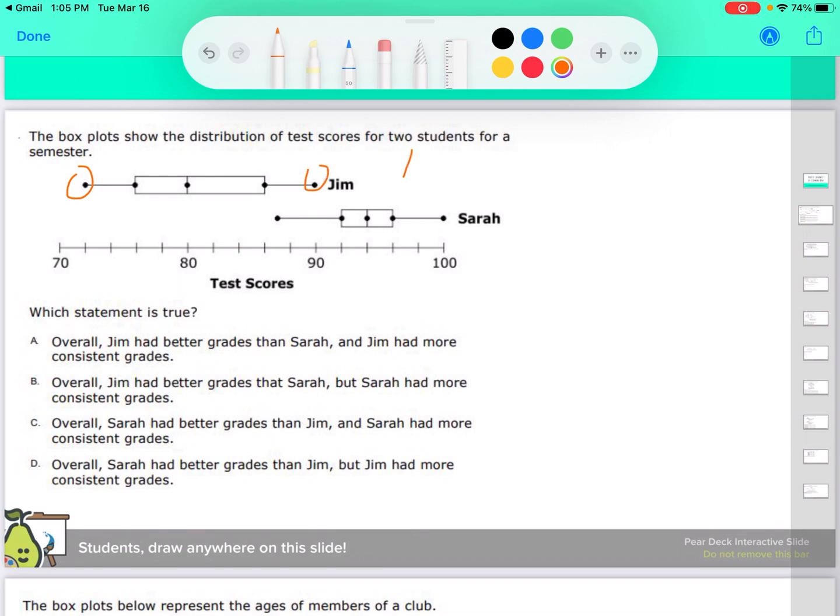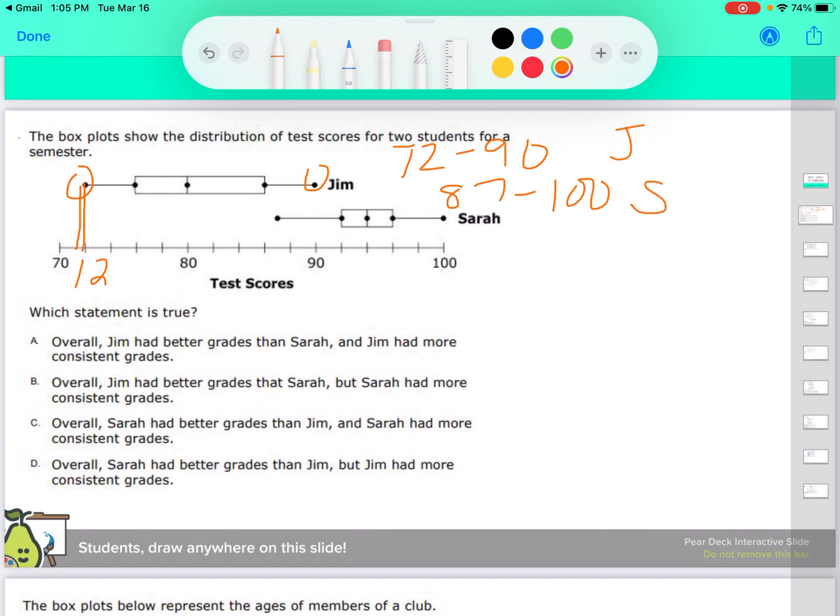Maybe I can guess a little closer: 72, 74, 76. Yeah, it is a 72 to a 90. And Sarah goes anywhere from an 82, 84, 86, 87 to a 100. So this is Sarah and this is Jim.